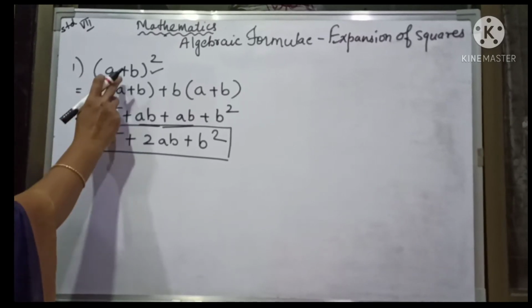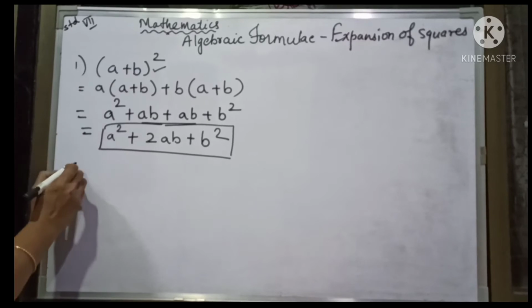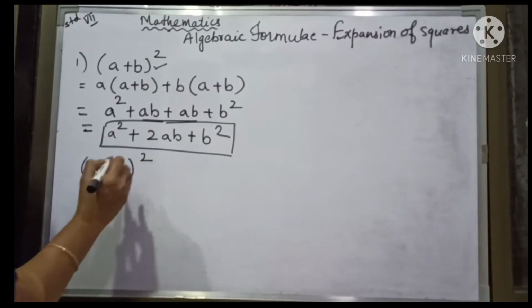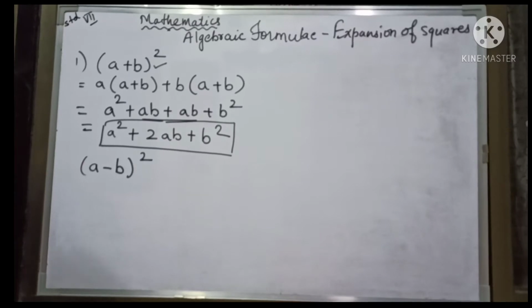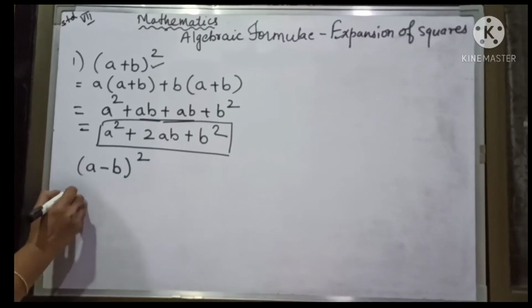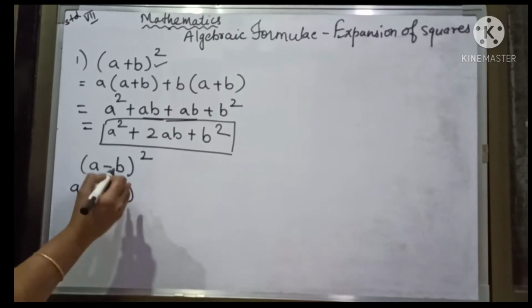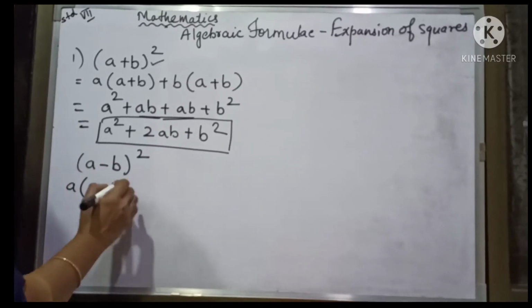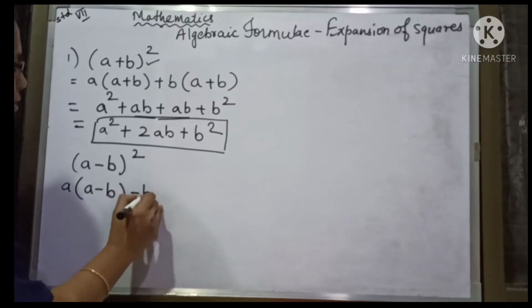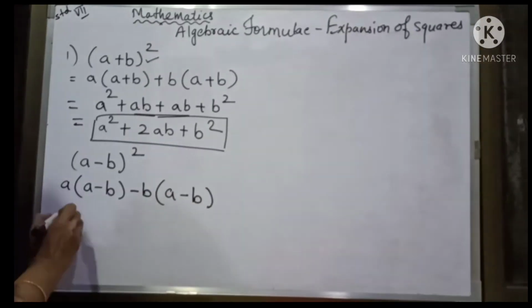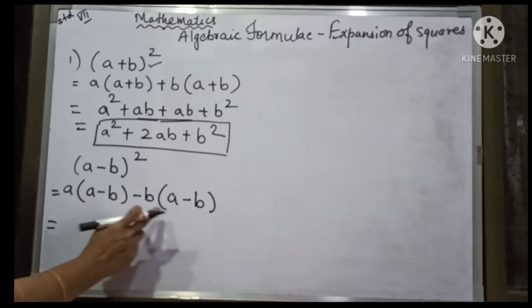Now if instead of plus sign, we are having minus sign, (A - B) whole square. So we will take the first term A, multiply it by (A - B). Then the second term minus B, multiply it by (A - B). Now you find out the product.